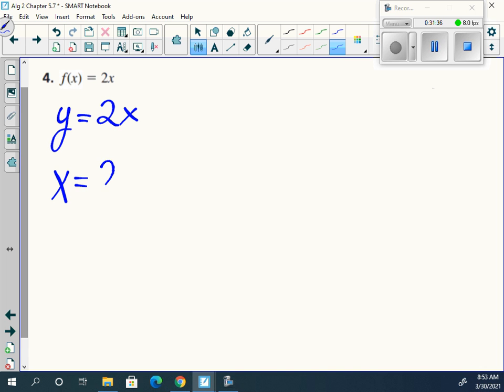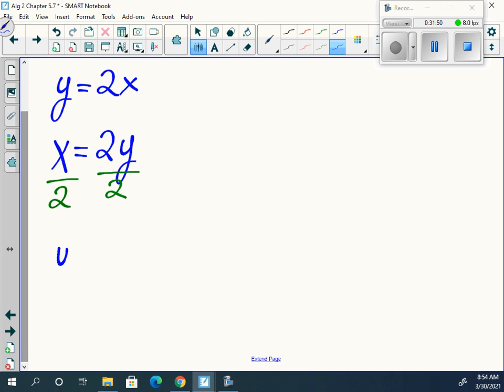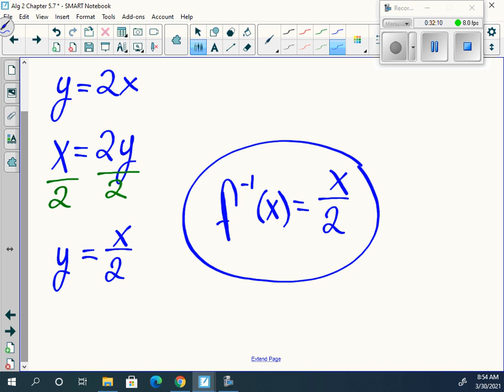We need to switch x and y. Right, then we need to get y by itself. So we would divide both sides by 2. Which will tell us that y is equal to x over 2. Now what? f inverse of x is equal to x over 2.